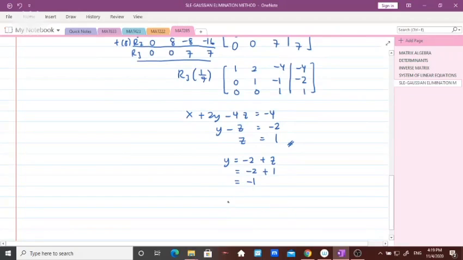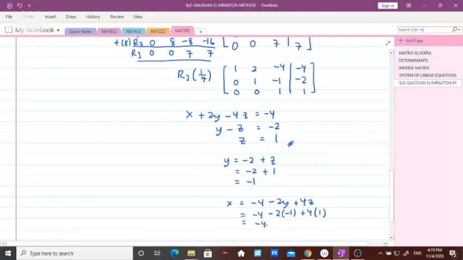And x, for the first equation, we have -4 minus 2y plus 4z. Then we just substitute the value of y, which is -1, and z is 1.